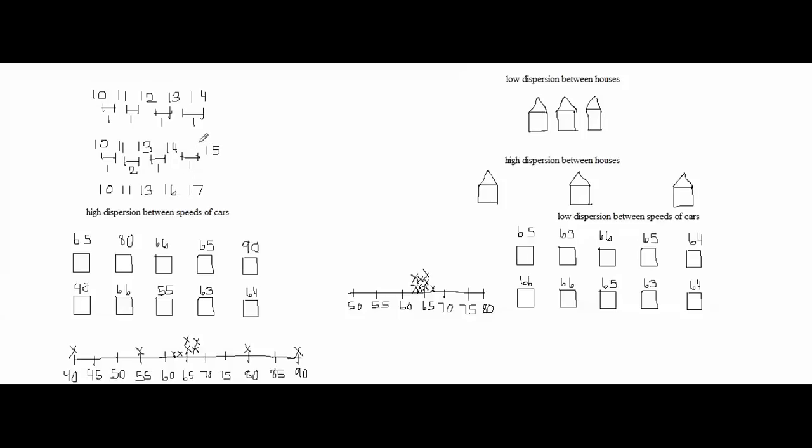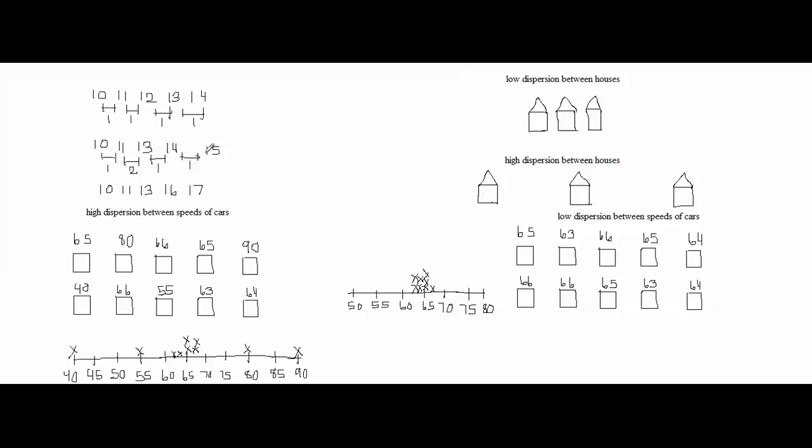So now we have a set of numbers with the lowest amount of spread, the lowest amount of dispersion. We have a set of numbers with a medium amount of dispersion, and we have a set of numbers with the highest amount of dispersion. So as we go from this list to this list to this list, the dispersion is going up. This list has more dispersion than this list, and this list has more dispersion than this list.